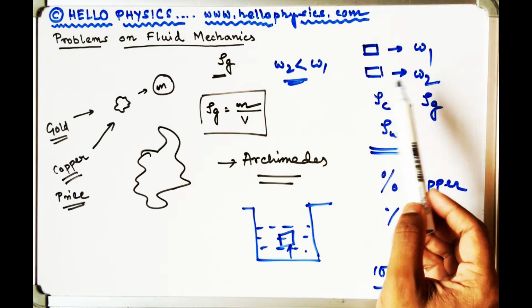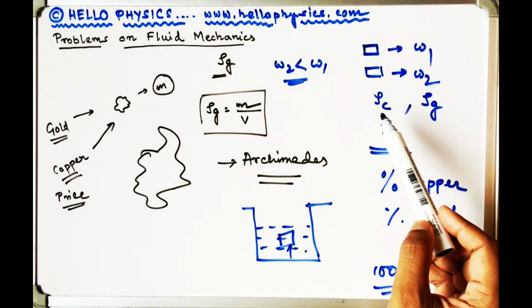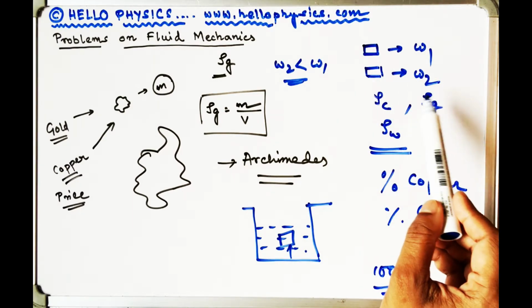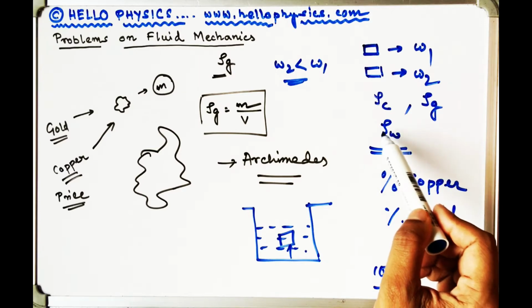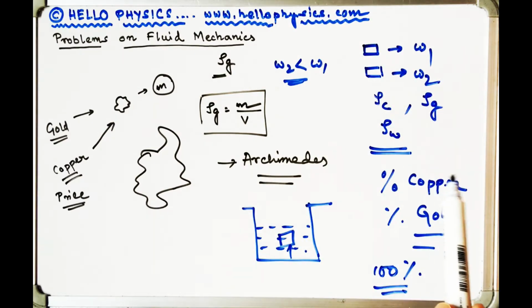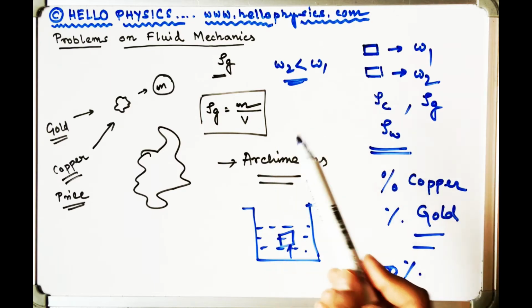You see that the weight of this object is equal to W2. You know that the density of copper is rho C, the density of gold is rho G, and the density of water is rho W. Using this information, find out the percentage of copper and the percentage of gold in this particular object. Okay, I hope the problem is clear.